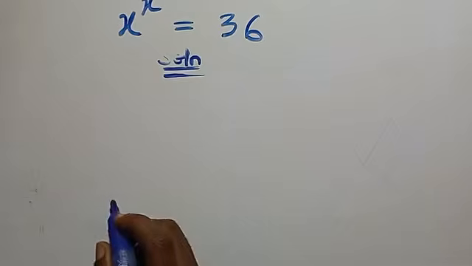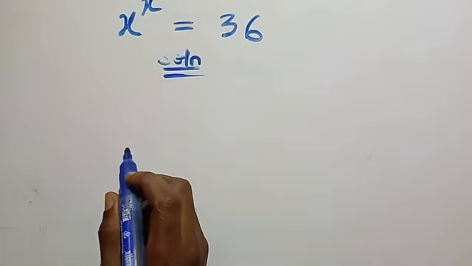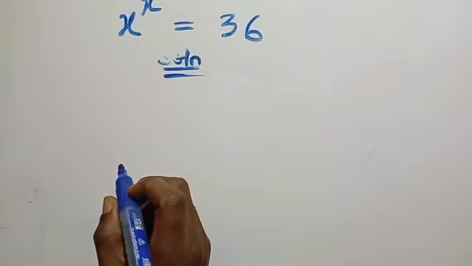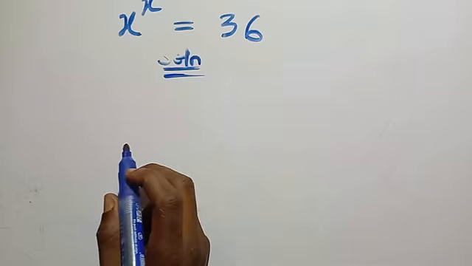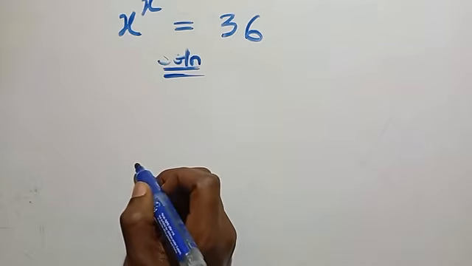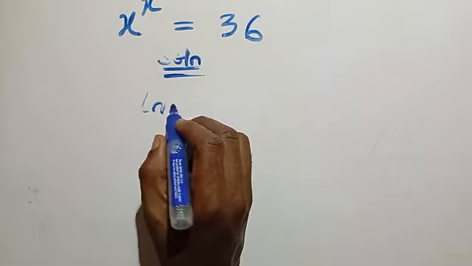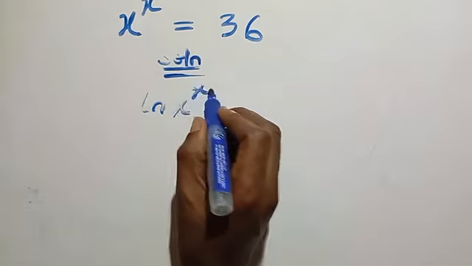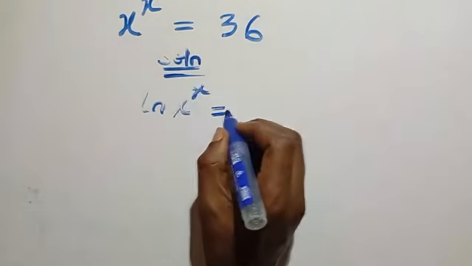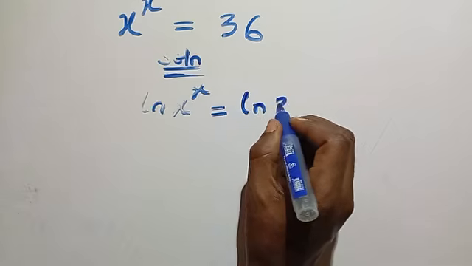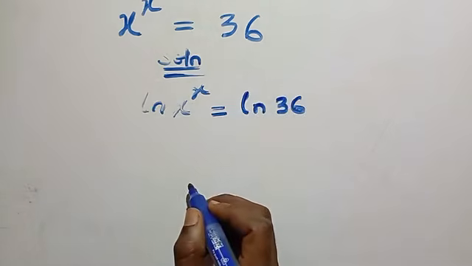If you are given this kind of problem, the first thing we are going to do is look for a way to take the power of this base down. And to do that, we introduce natural logarithm to both sides, that is ln. We introduce ln to both sides, that is ln x power x equals ln 36.